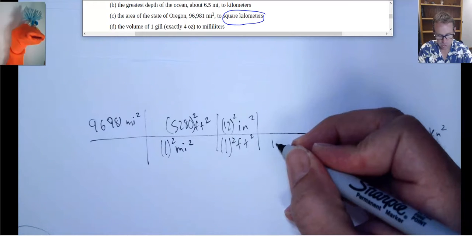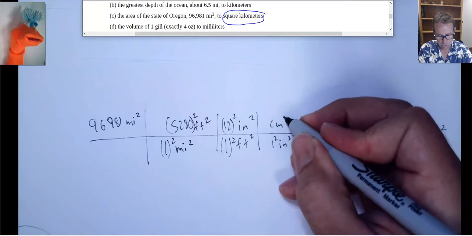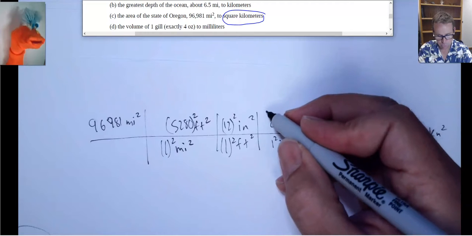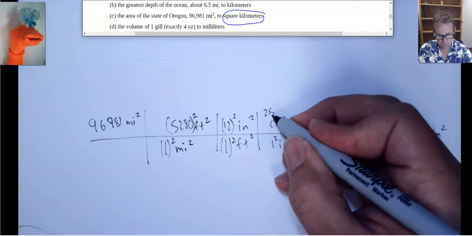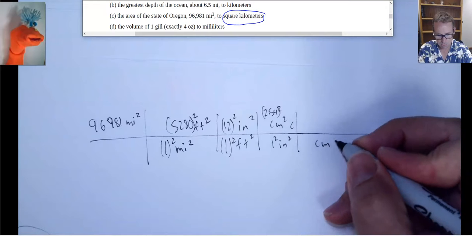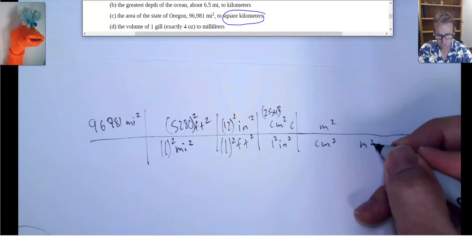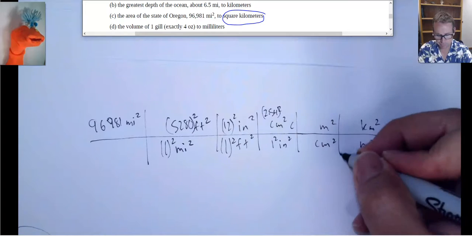And then inches squared to centimeters squared. 2.54 squared? That's right, 2.54 goes squared though, don't you? And then centimeters squared to meters squared, and then meters squared to kilometers squared.